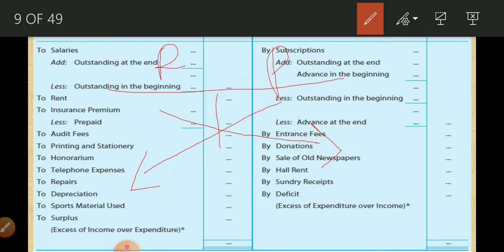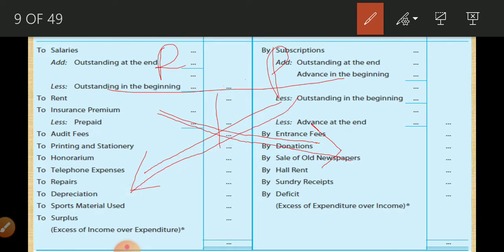Okay, children? Now, in your question, most probably, receipts and payments will come as a part of the question, and you will have the additional information. You have to prepare the income and expenditure account. So, all the revenue receipts will go to the income side and all the revenue payments will go to the expenditure side.